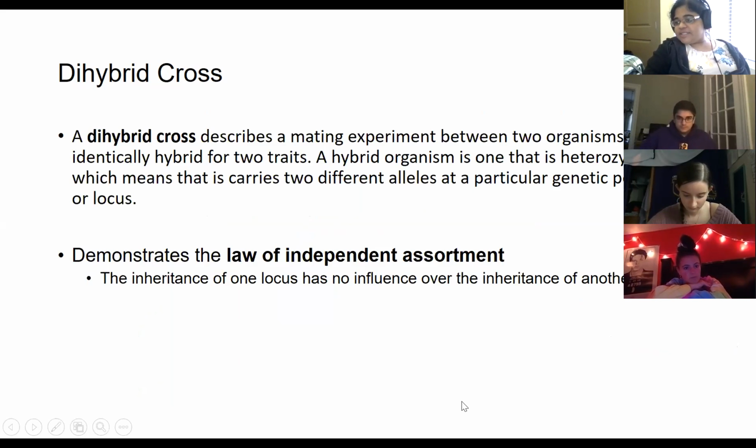Doing this cross is actually what allowed one to determine that the law of independent assortment exists, because it shows that inheritance of one locus has no influence over the inheritance of another.